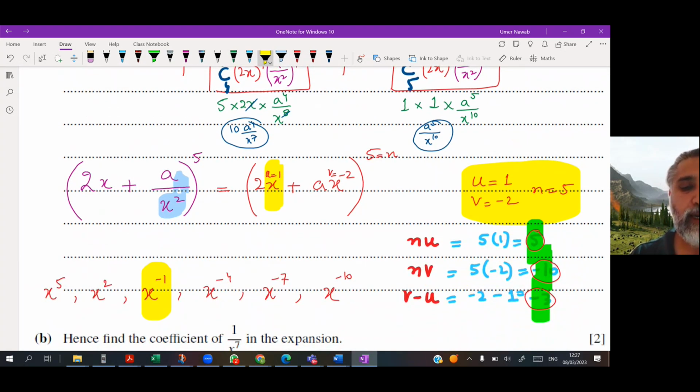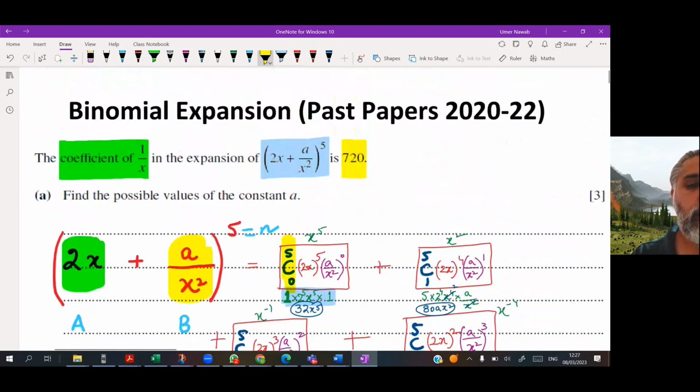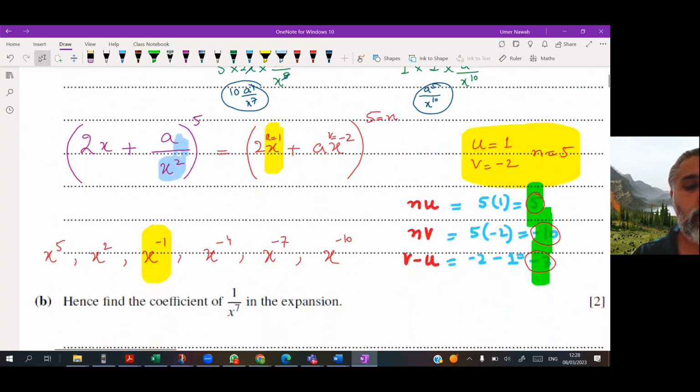The examiner gave you a hint. He said he is looking for 1 over x, that is, x raised to the power minus 1. And x raised to the power minus 1 is your third term. If it is your third term, what is the general formula you are going to build? You started from 5C0, this was 5C0, this is 5C1, so that has to be 5C2.